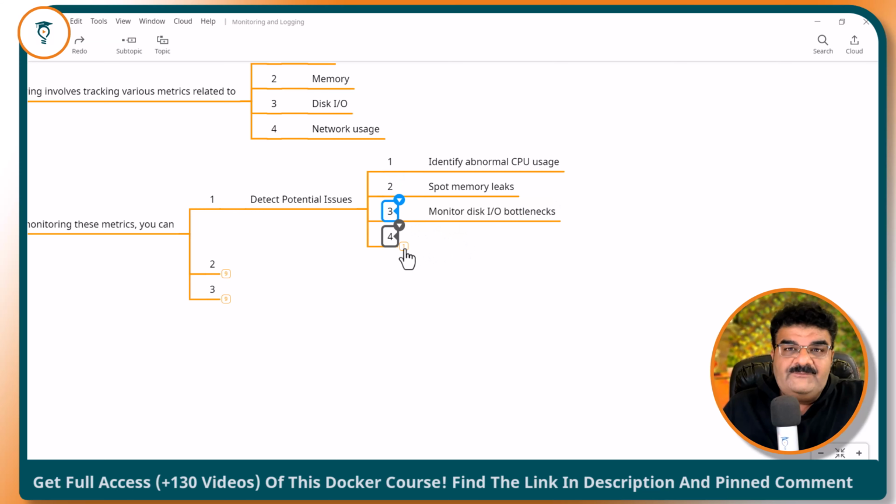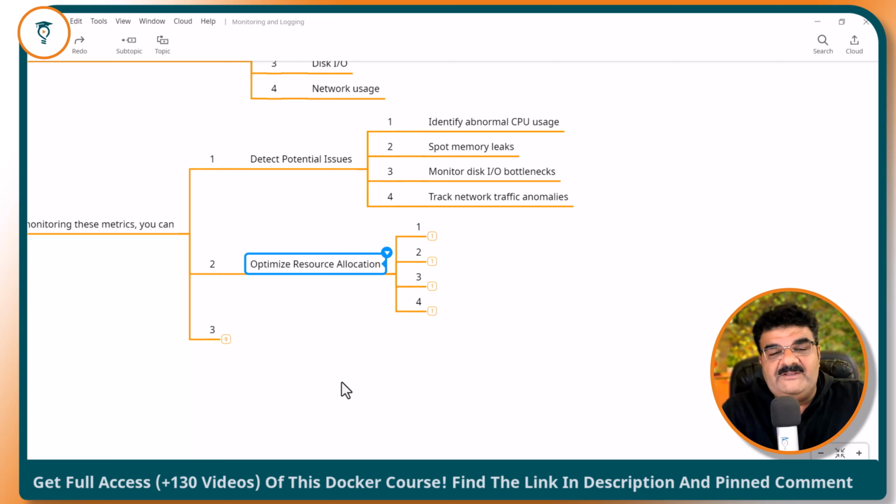Then, optimize resource allocation. Let's say that you have one application and this application is hosted inside a service or container. Now, how can you decide limits? We already discussed limits, right? What will be the minimum RAM of the container? How can you set the cap, the upper limits? It is not easy to set any numbers. The thing is, if you set any numbers, what will happen?